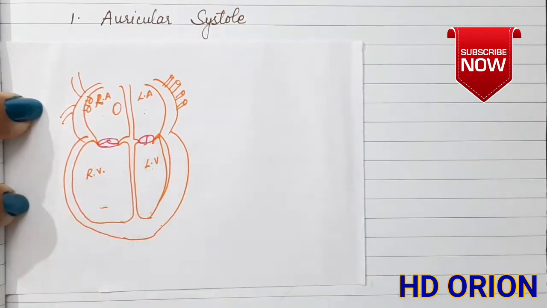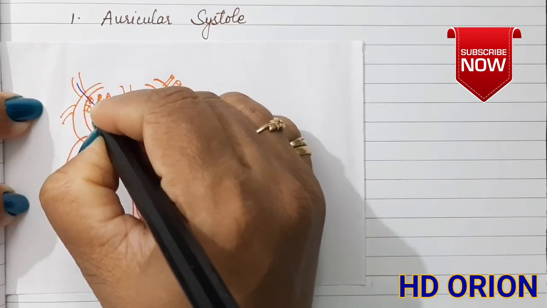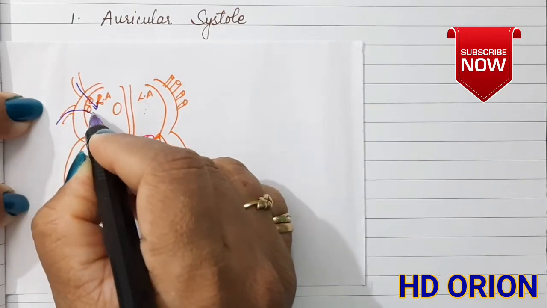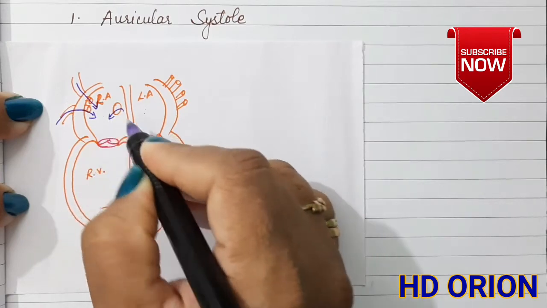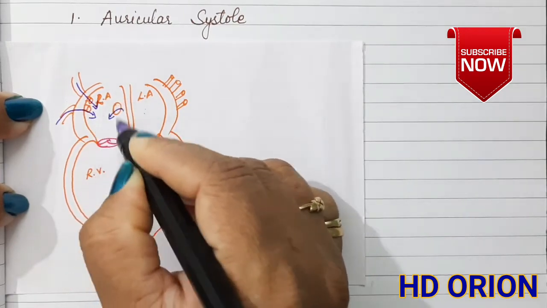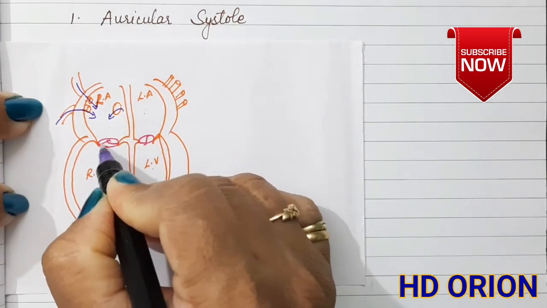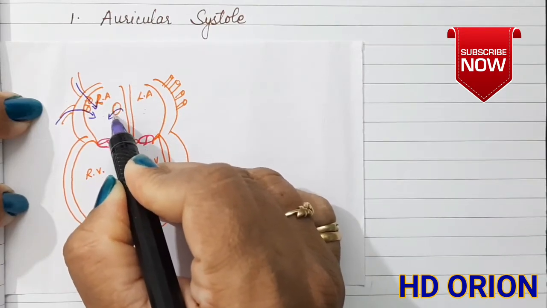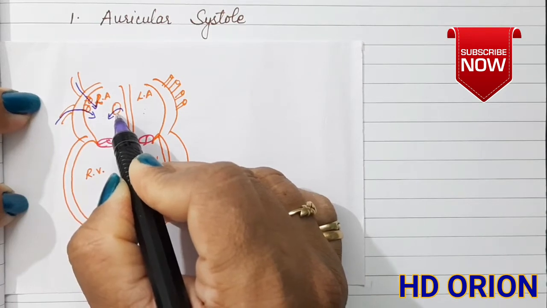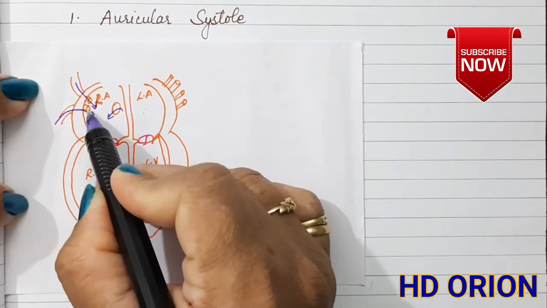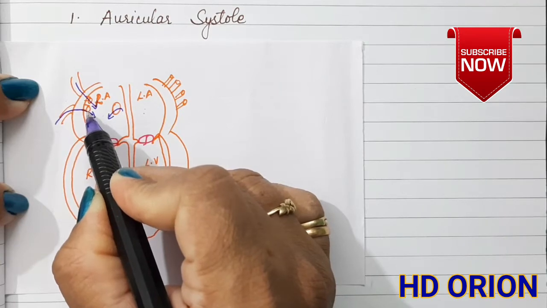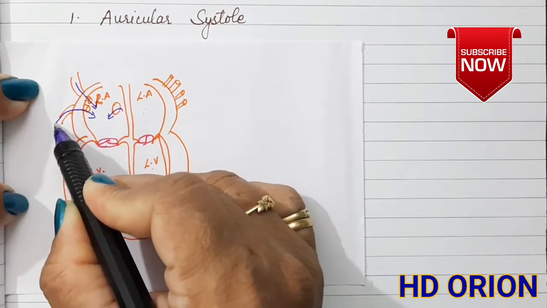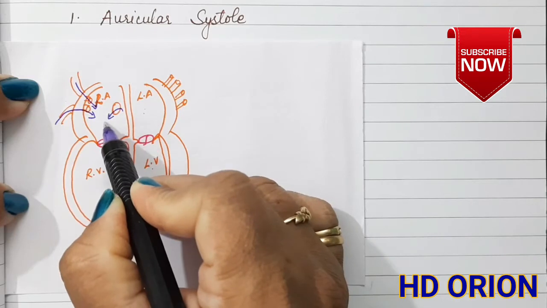Now the blood enters from the superior vena cava, the inferior vena cava and the coronary sinus and fills the right auricle. Now if you remember, the coronary sinus has a particular valve, the valve of Thebesius, and the inferior vena cava also has the Eustachian valve. Both of them are open so that the blood comes into the right auricle.